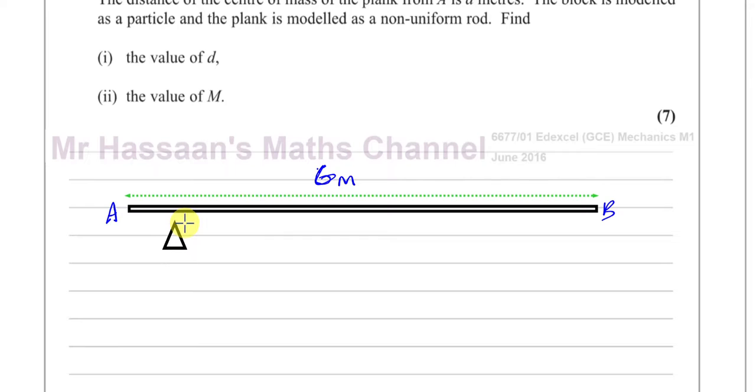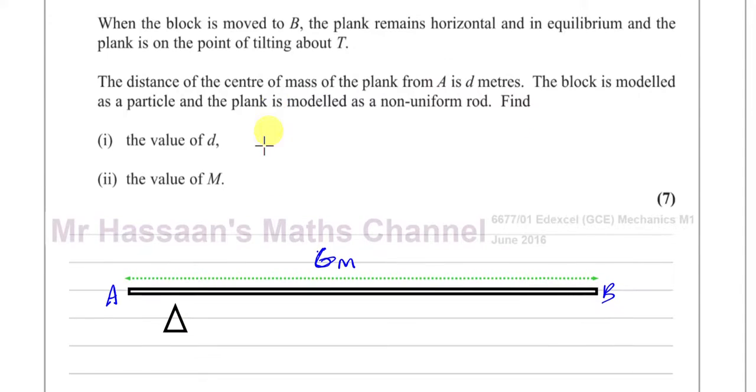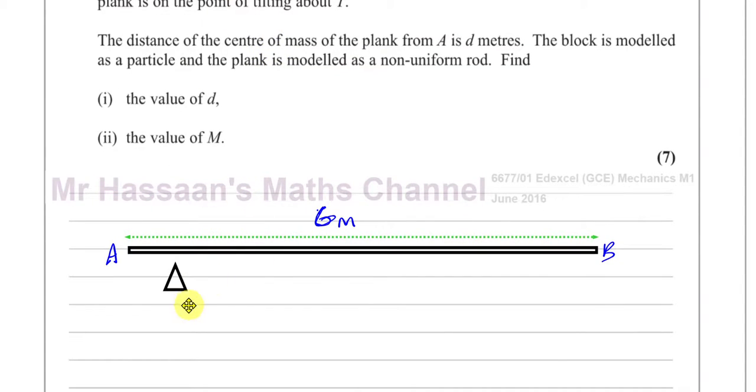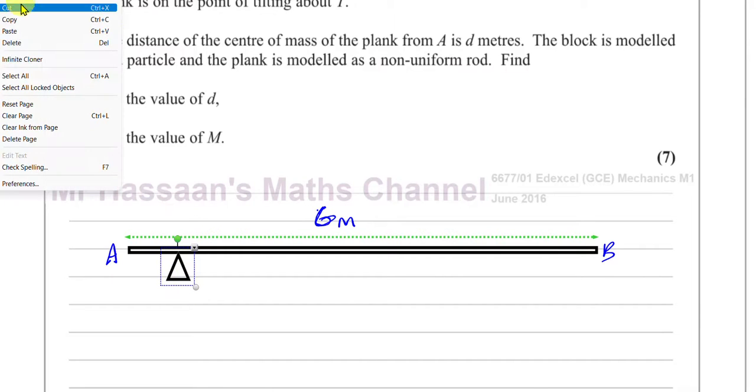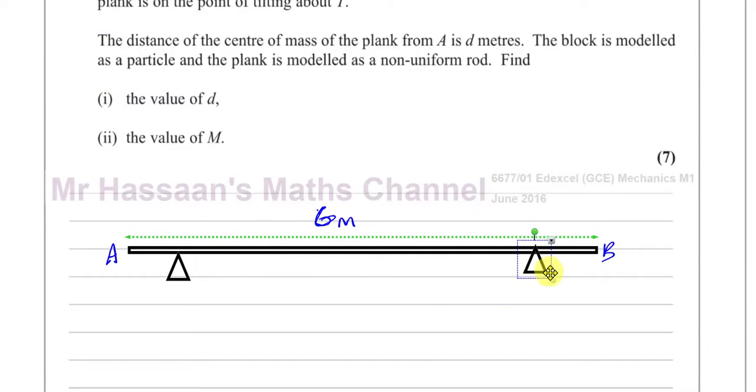You've got supports at S and T. So this is 0.5 meters and that's 2 meters.